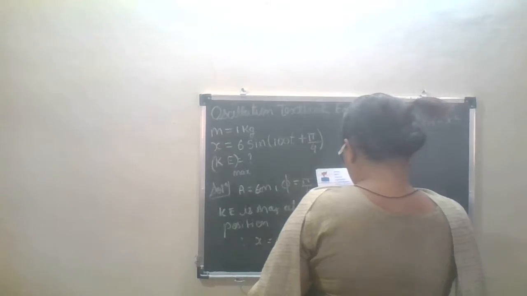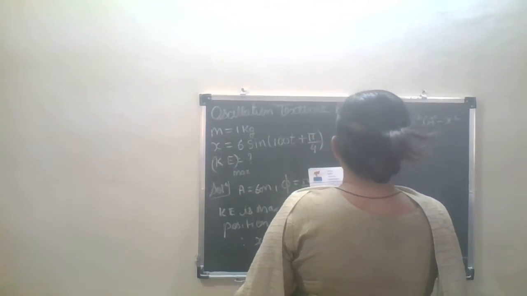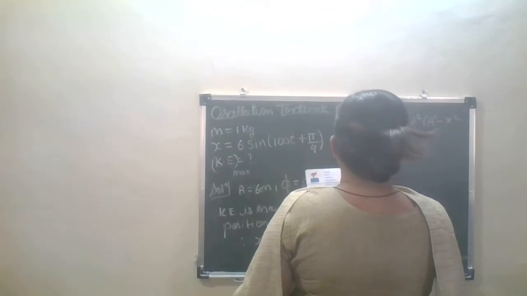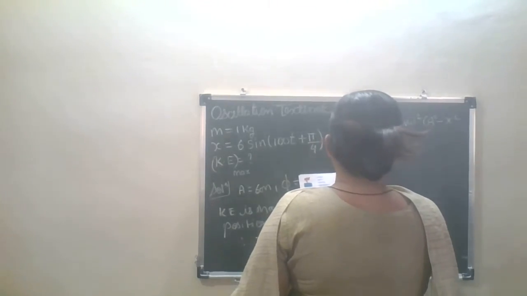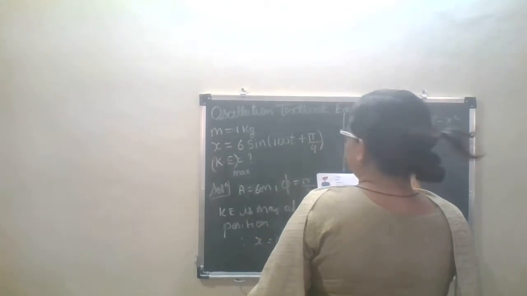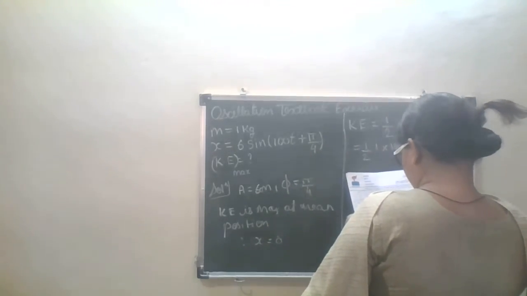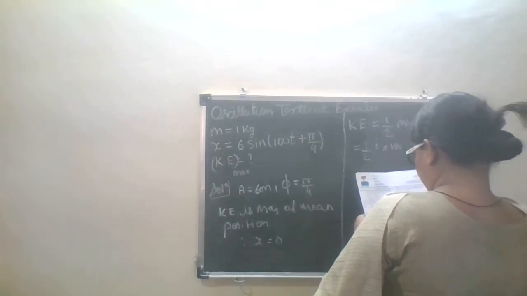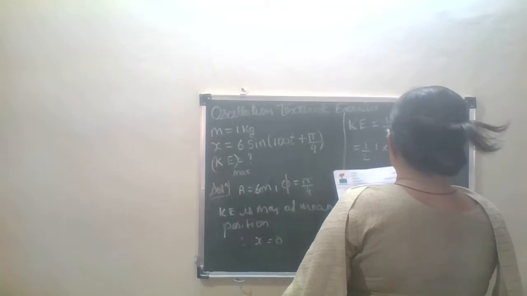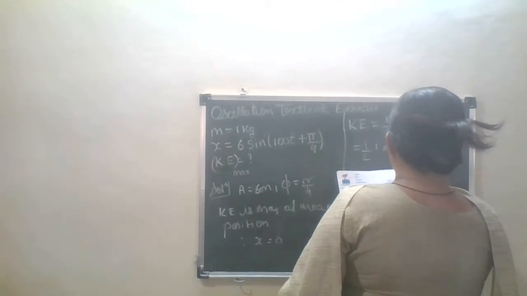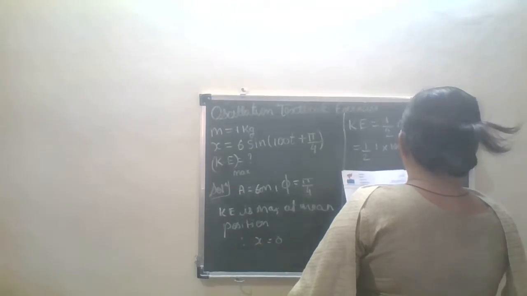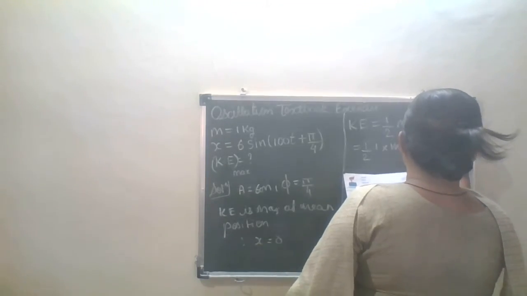Now we put the values. This will be 1 by 2 into 1 into 100 squared, into 6 into 10 raised to minus 2, and x is 0, the whole square.